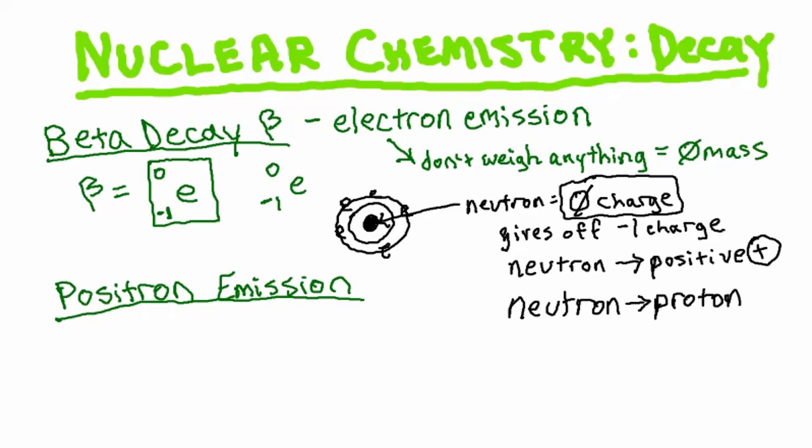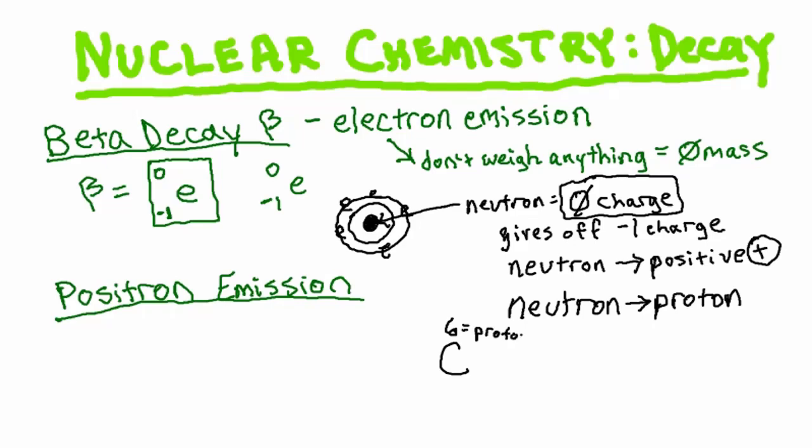So what you're actually doing in beta decay is the neutron is giving off a negative charge equal to that of 1 electron, and the neutron turns into a proton. So you are adding a proton to this atomic structure. Now, I know you're probably saying, "But Suzanne, you said the proton number never changes in the element. Carbon is atomic number 6, and that means 6 protons.